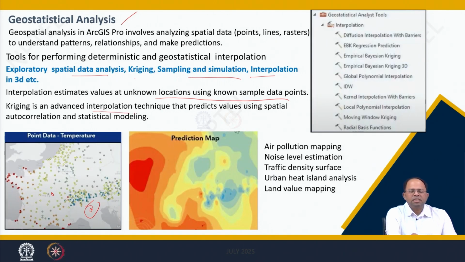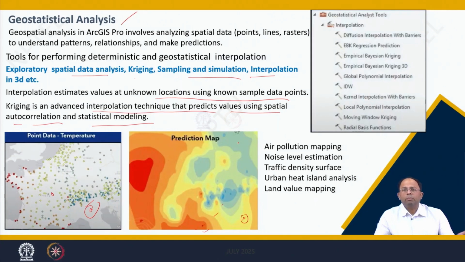Kriging is an advanced interpolation technique that predicts values using spatial autocorrelation and statistical modeling. From there we can create these kinds of prediction maps. That means even though I may not have a data point here, I may be able to say what the likely, expected value is over there, for example air pollution related to CO2 emission.